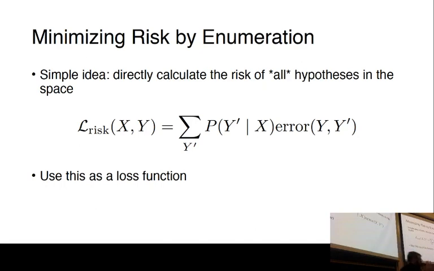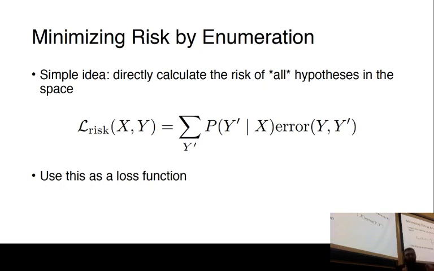And the idea is very simple. Think of the reward as the good points that we get for getting the output correctly. The risk is basically the error. It's the opposite. The error is the penalty that we would get for getting the output wrong.